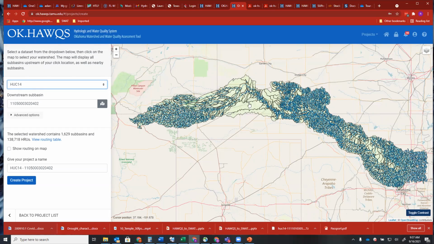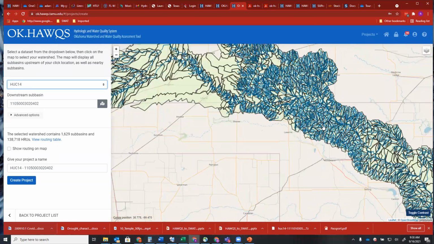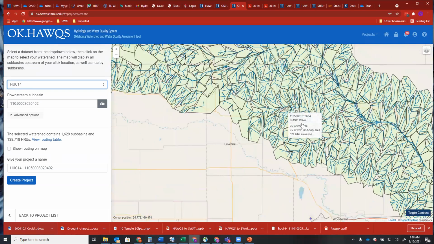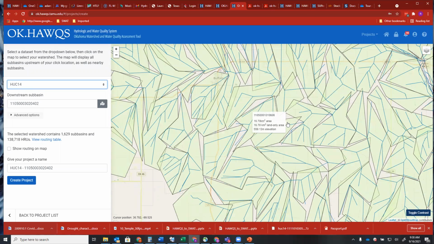Some of the HUC 14s are really big because there is no river flowing in some of them. These are all the western part of Oklahoma where it's completely dry. And some of them are very tiny, like 20 square kilometers or 16 or 12 square kilometers.